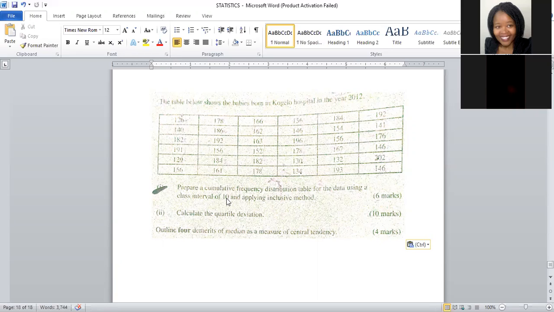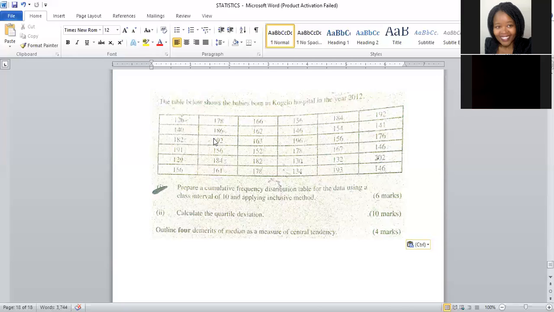Firdosa, which will be our first class? Yes, madam. So our first class will be from 126 to... Okay, let me help you.